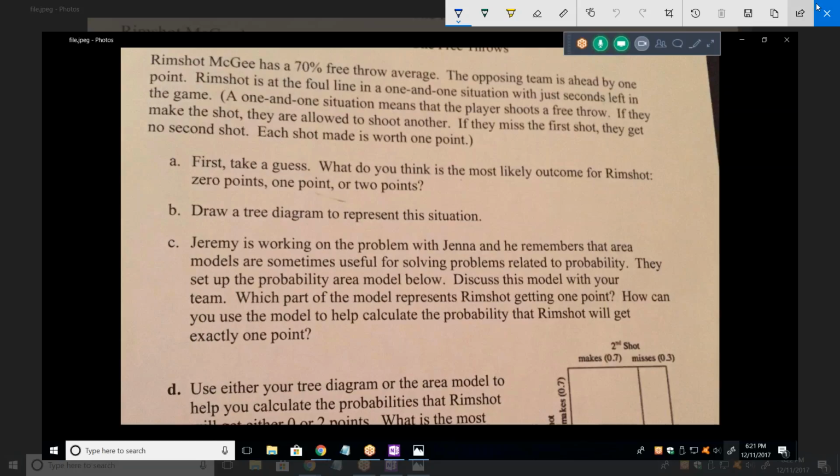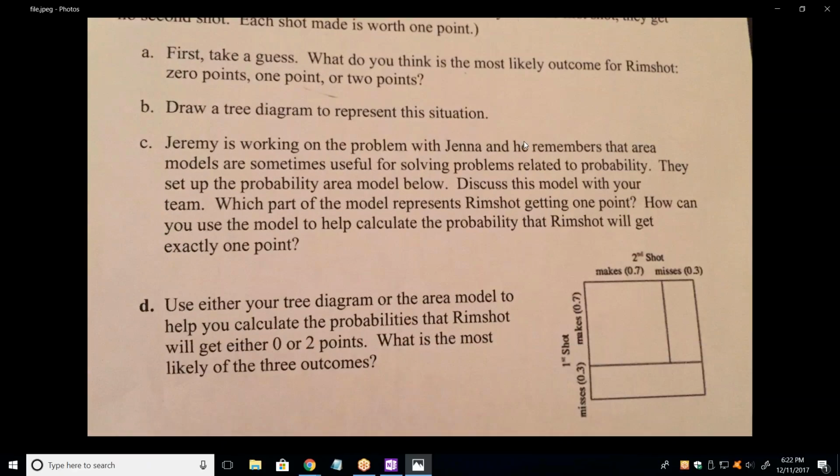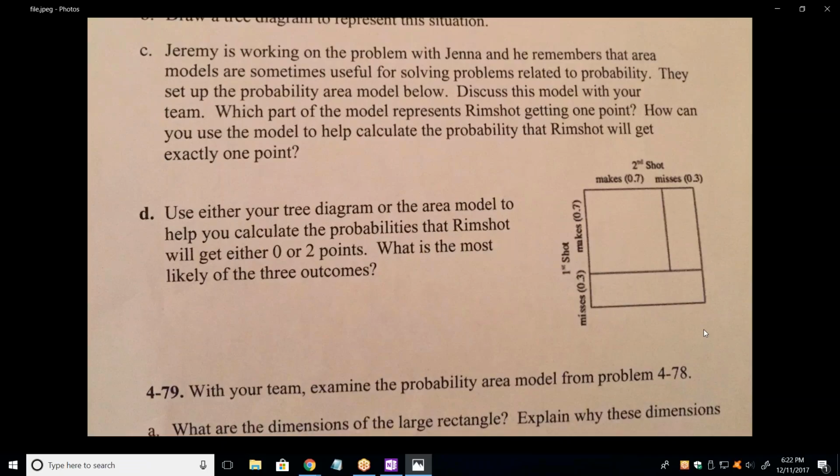All right, let me look at this picture they've drawn here. This is what they're calling an area model.